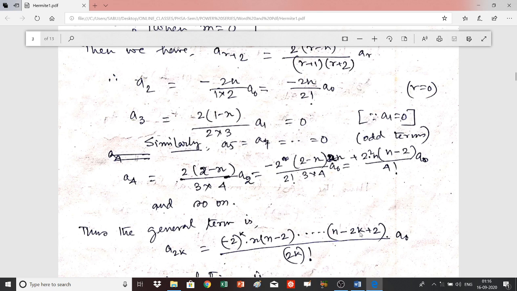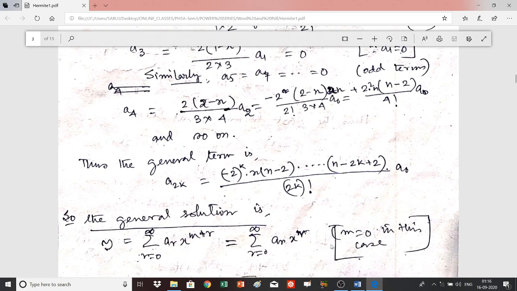So if you use k as 2, it will give n minus 4 plus 2, that is n minus 2. So it is correct. So the last term in this case will be (n minus 2k plus 2) by 2k factorial. So the final term is this.